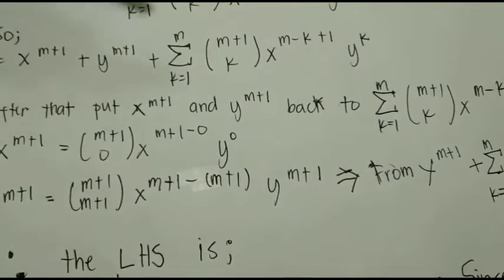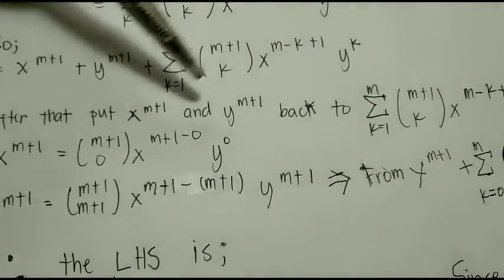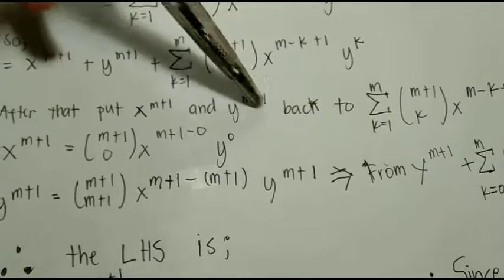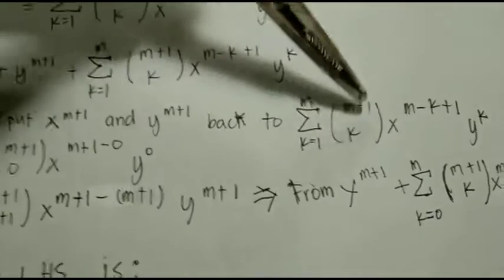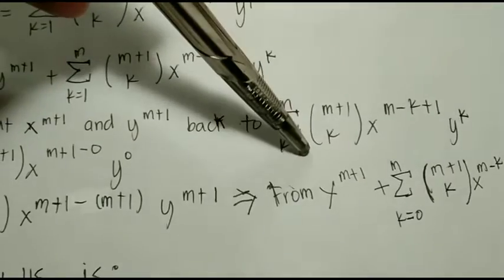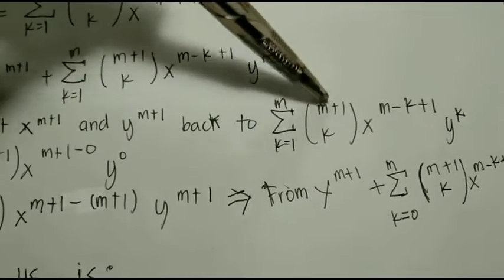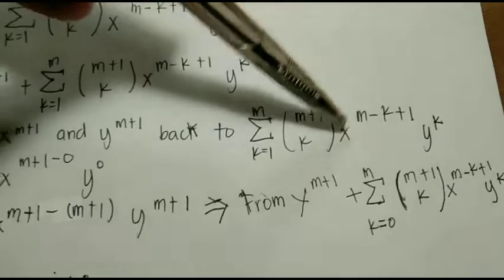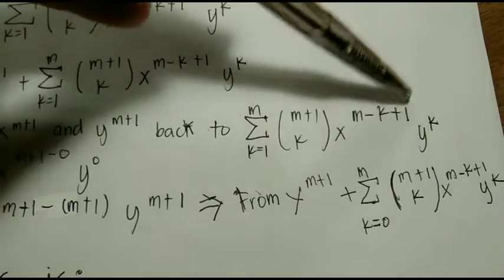After that, the x with the power of m plus 1 and y with the power of m plus 1 are returned to this equation, the summation of k is equals to 1 to the m of m plus 1 taken by k, x with the power of m minus k plus 1.